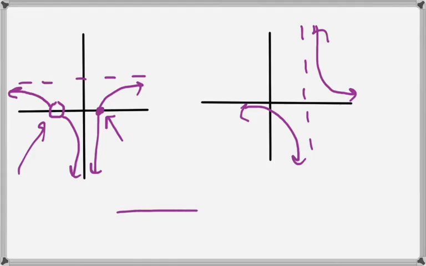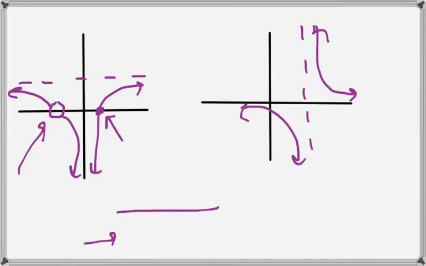Our holes and vertical asymptotes are going to come from when the denominator is 0, so any x value that makes the denominator 0, we're going to need to use that number to split up our intervals. For the x-intercepts, we know that an x-intercept is a point where y is 0, and so if we plug a number in for x, the function value is 0.